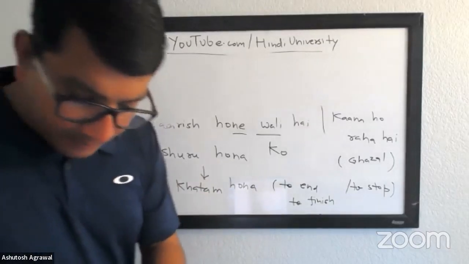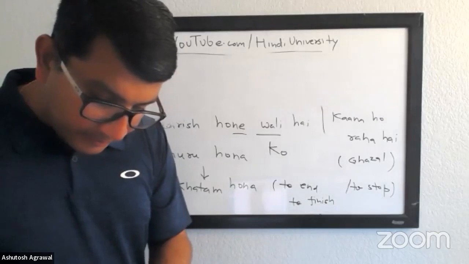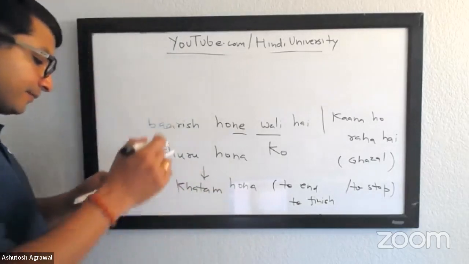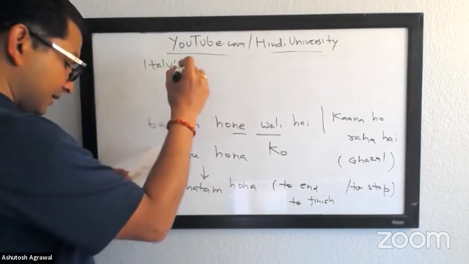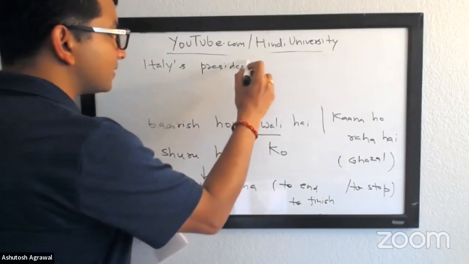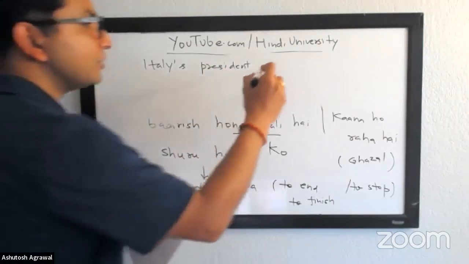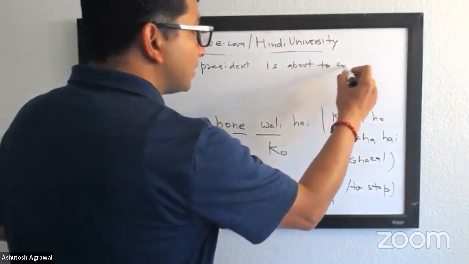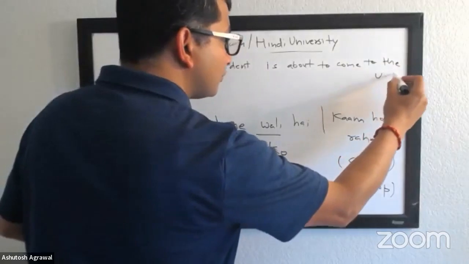I want to do some examples with other verbs, where you want to say, let's say, Italy's president is about to come to the US. I want all of you to try this one out.